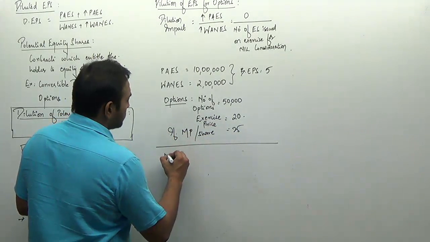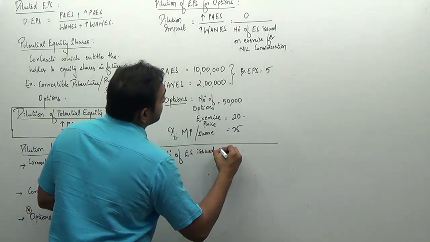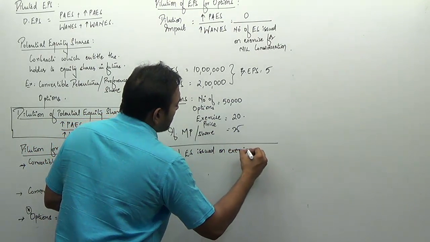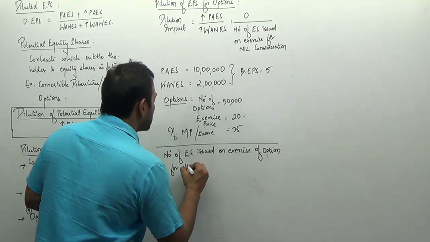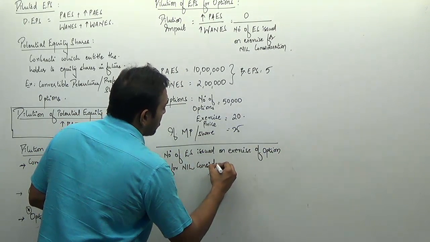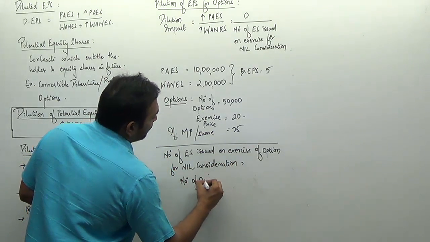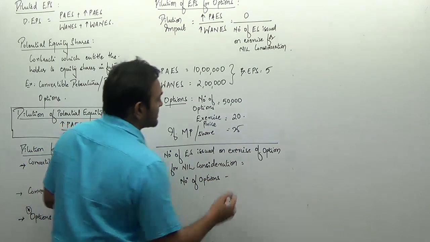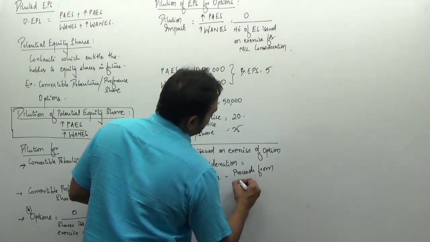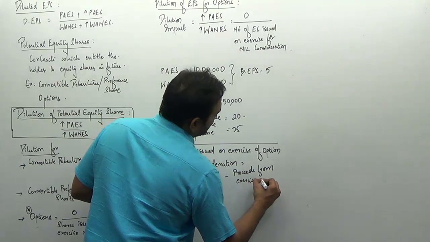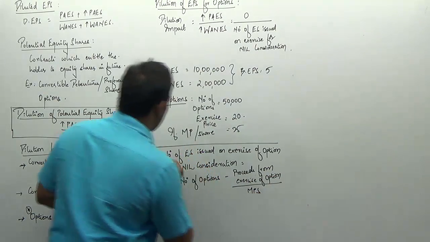Then I'll say that number of equity shares issued on exercise of option for nil consideration is equal to number of options minus proceeds from exercise of option divided by market price per share.